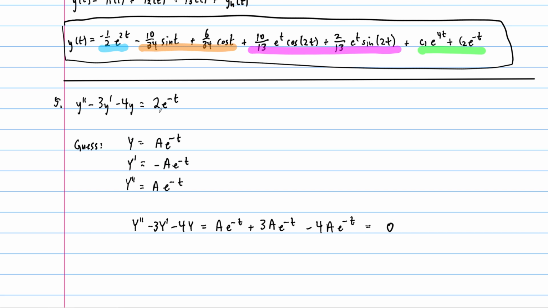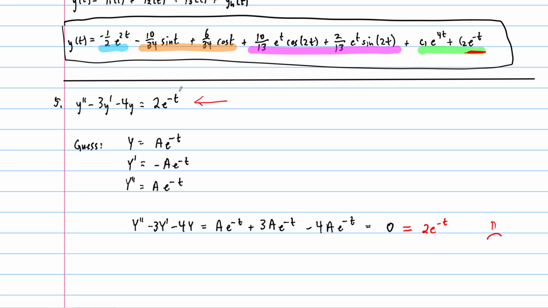But the equation says that that should equal 2 e to the minus t. That can't happen, 0 cannot equal 2 times e to the minus t. It's impossible. There's not even an a coefficient in here for us to determine. The undetermined coefficient is just gone. So what happened? Well, e to the minus t is part of our homogeneous solution.